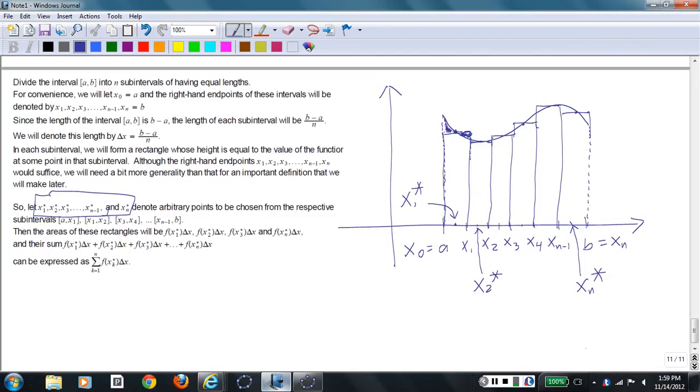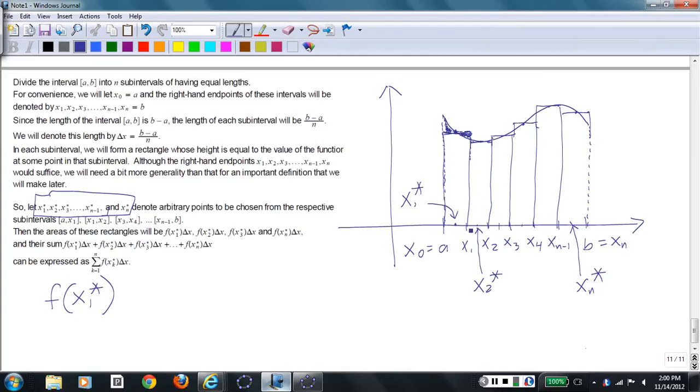So the area of any one of those rectangles would be, well, let's say it's like this. I guess I'll just need to point to it. If I evaluate the function at x sub 1 star, it gives the height of this rectangle because that's the value of the function there.